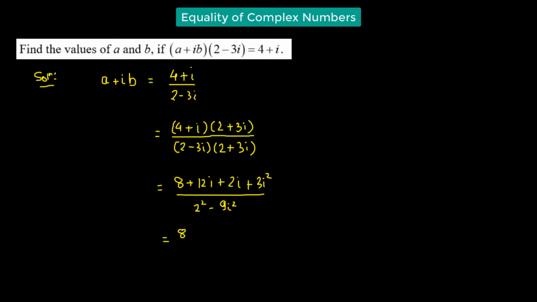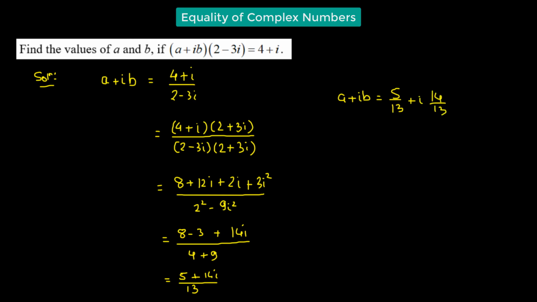So we have 8 minus 3 plus 12 plus 2 is 14i, divided by 4 plus 9, which gives us 5 plus 14i divided by 13. So finally we have a plus ib is equal to 5 over 13 plus i times 14 over 13.